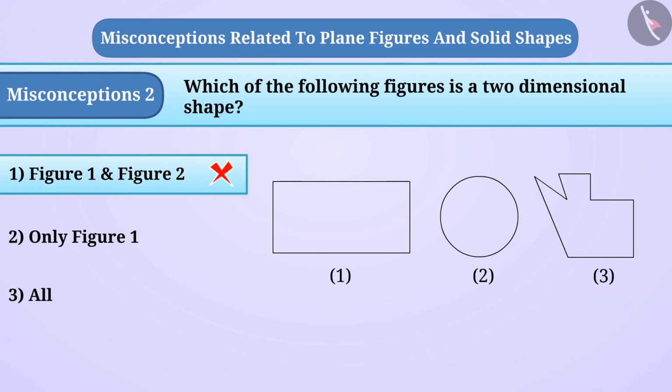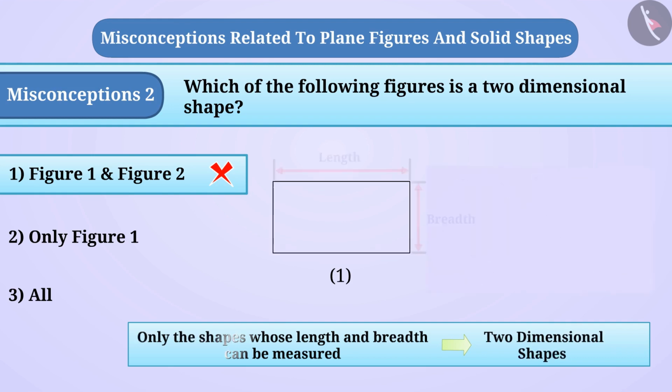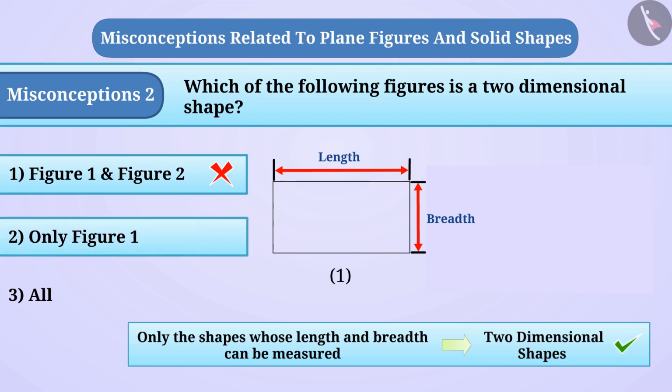Some children think that only the shape whose length and breadth can be measured are two-dimensional shapes. They think that only the rectangle's length and breadth can be measured. So, they understand that only figure 1 is a two-dimensional shape. With this misconception, they answer option 2, but this is also the wrong answer.